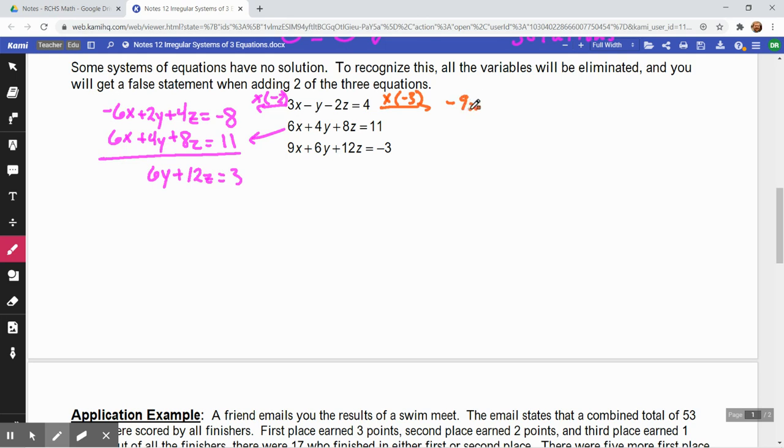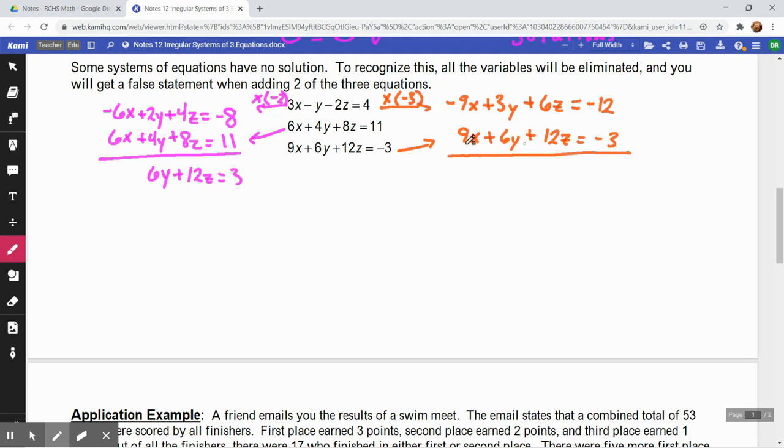Negative 3 times y is positive 3y. Negative 3 times negative 2z is positive 6z, equals negative 3 times 4 is negative 12. And our last equation will do nothing to it. It already had a 9x, and then it had a plus 6y, a plus 12z, equals a negative 3.